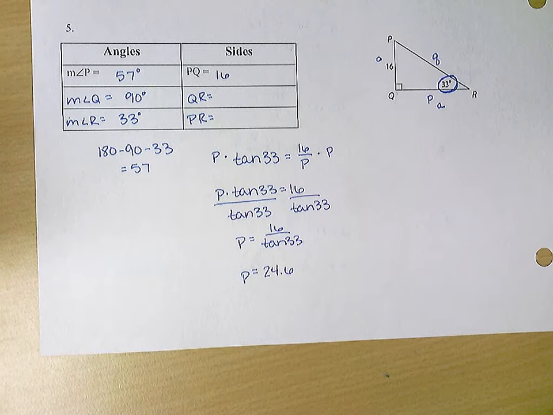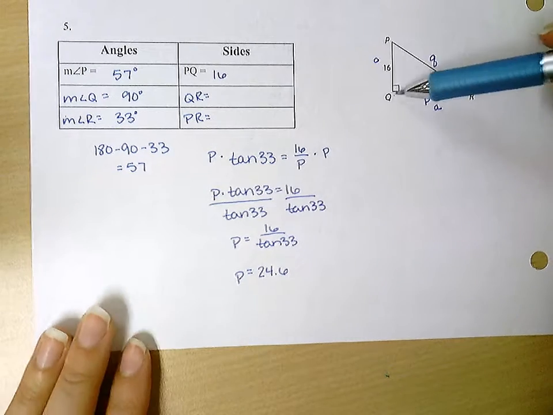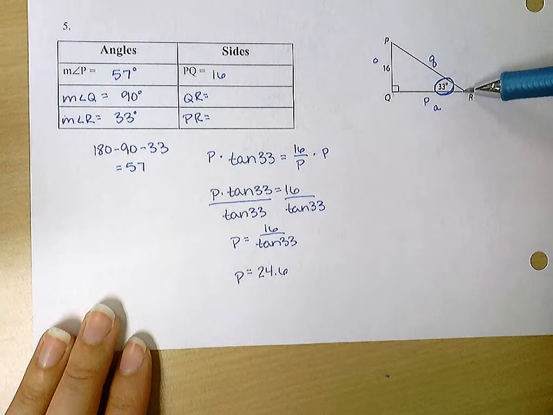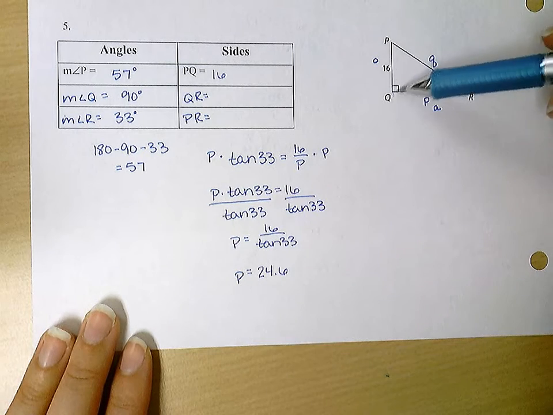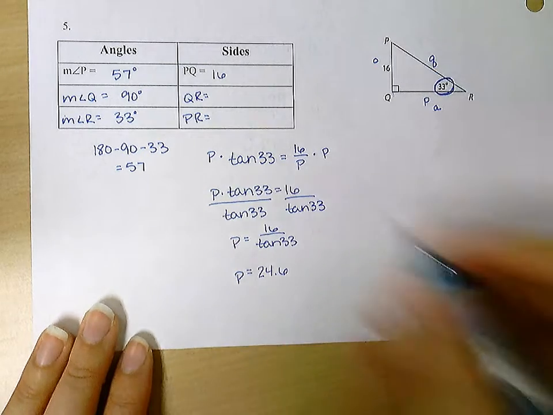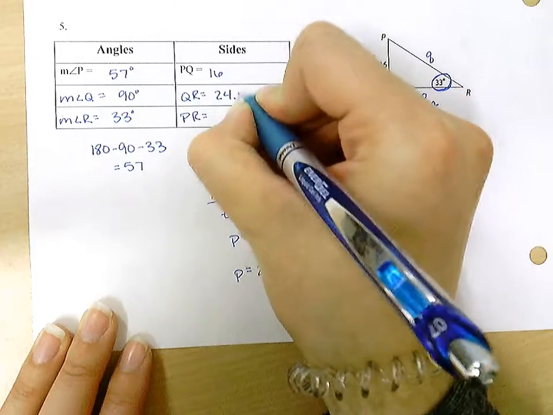And I got 24.6. That side P was side QR, so here I would have 24.6.